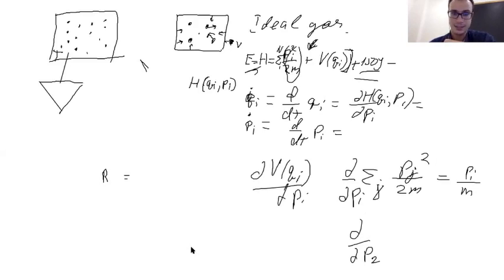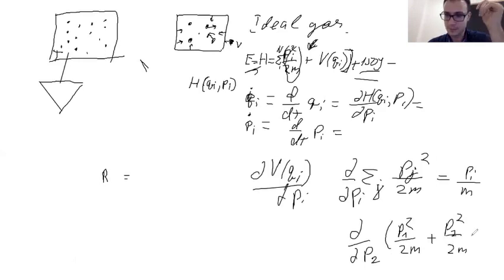There are 3 particles, n equals 3, in one dimension: p1 squared over 2m plus p2 squared over 2m plus p3 squared over 2m.